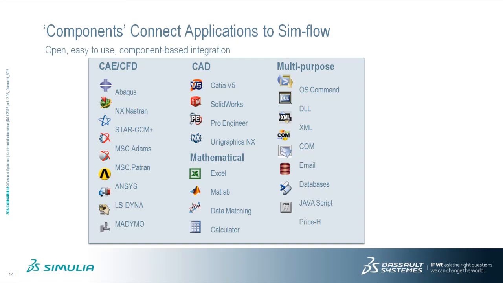It includes CAD codes and incorporating them in this process automation. It includes mathematical codes like Excel, MATLAB, data matching for matching simulation data to test data, general calculator. And then there's also multi-purpose components which allow you to connect pretty much anything. You can connect internal codes, little shell scripts. It's very easy to create new components as well to connect essentially any software to an iSight SimFlow.